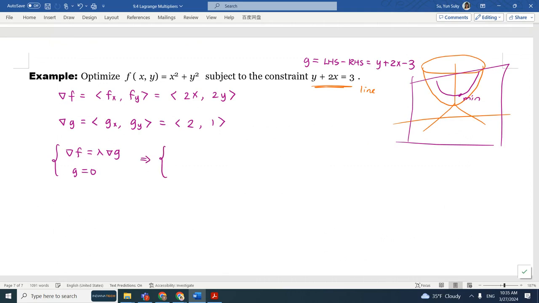This is a vector equation. We look at each component respectively. What does the first component tell us? 2x equals lambda times 2. That is the first component. How about the second component?